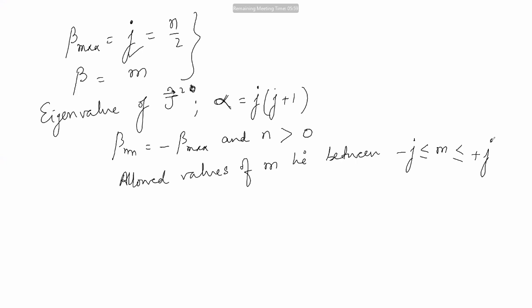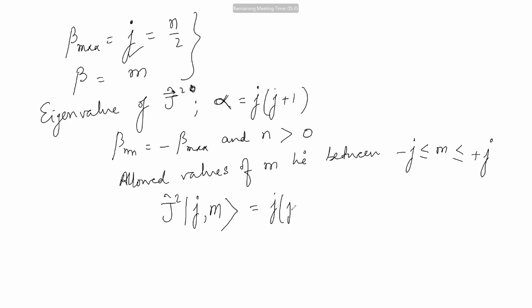The important point is that this j can be a half odd integral multiple of h cross, or this j can be an integral multiple of h cross, such that if I now write j square, instead of alpha beta I will replace it by jm.